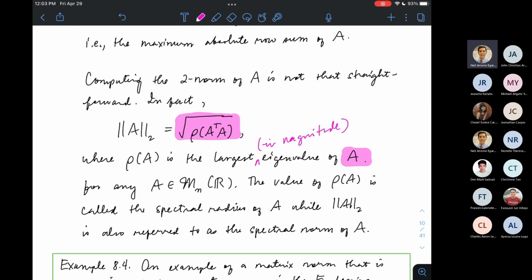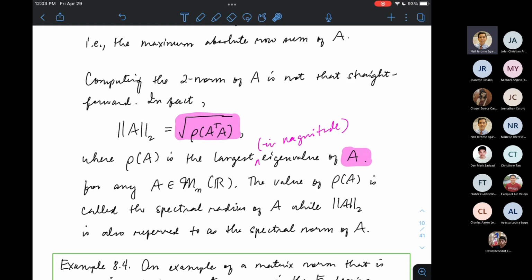So siya yung largest in magnitude na eigenvalue ni A. Tapos yung two norm ng isang matrix is the square root of the spectral radius of the product of A transpose A. Kaya yung calculations last time in the examples ay totoo pa rin kasi na-define ko doon yung spectral radius to be the largest eigenvalue of A transpose A. Tapos ang kinunan ko na lamang ng square root ay yung rho of A, where rho of A actually is the largest eigenvalue of A transpose A. So basically, this definition is equivalent to what I wrote last time, pero para maging consistent siya all throughout the module.